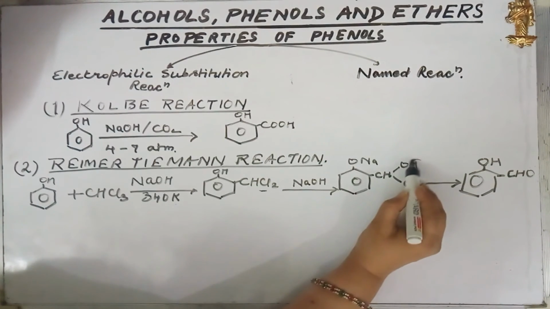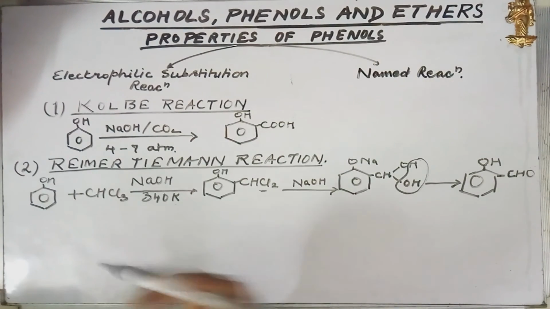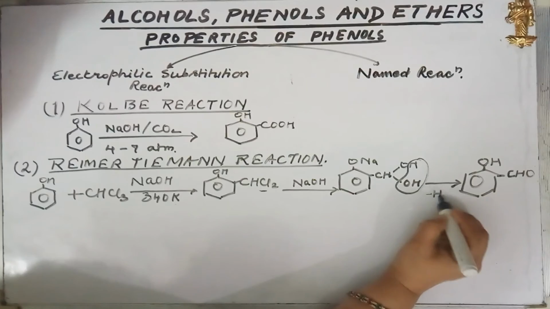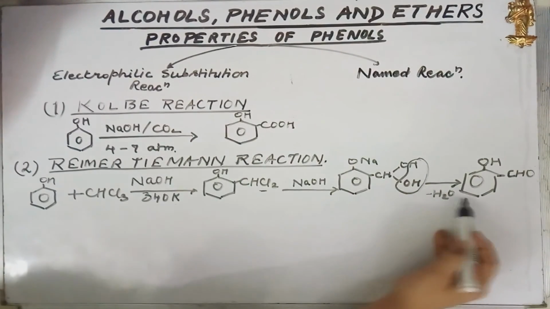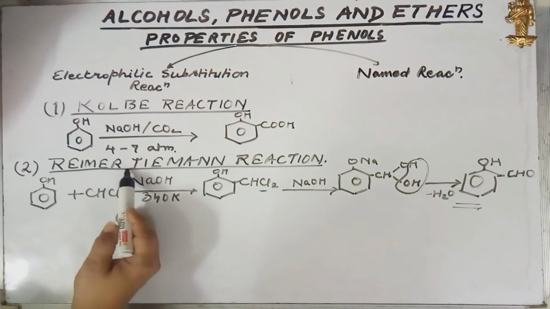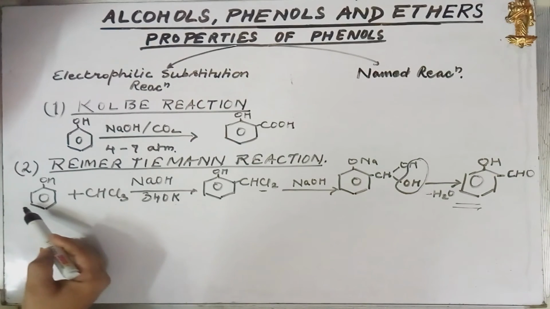Because this OH cannot be added to the same carbon atom, it splits out a water molecule, and a very important product, salicylaldehyde, is formed. So in the Reimer-Tiemann reaction, salicylaldehyde is formed from phenol.